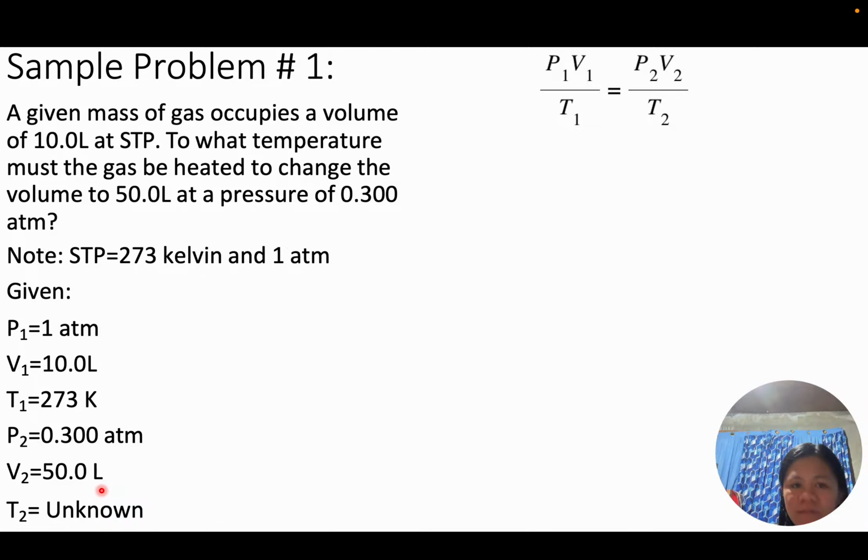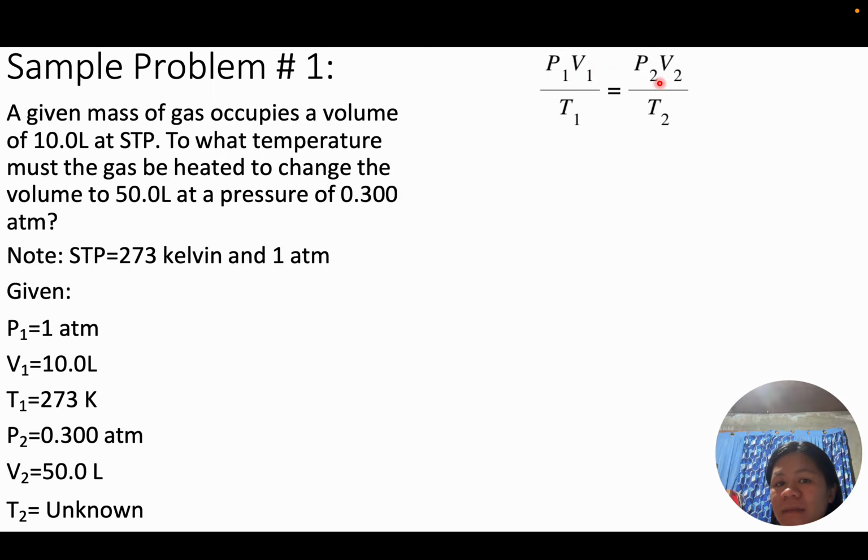Okay? So, here is our formula. Based on what we did in the previous videos, since what we are looking for is in the denominator, we just have to rearrange it or transfer it to the other side. P1 and V1 have T2 beside them.